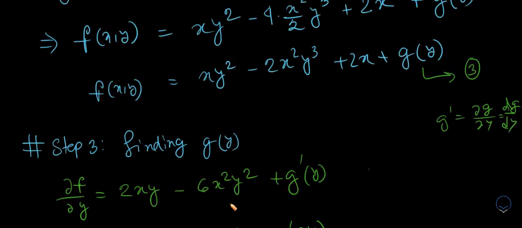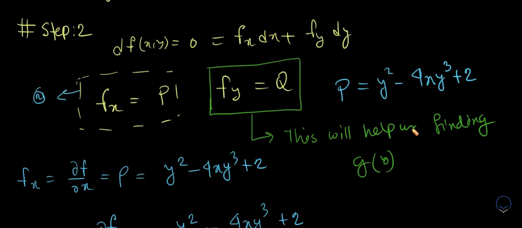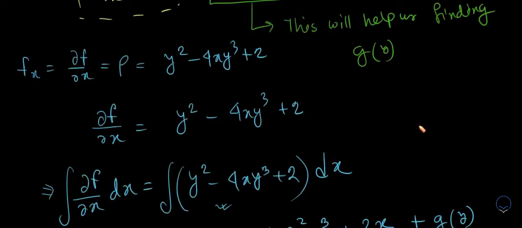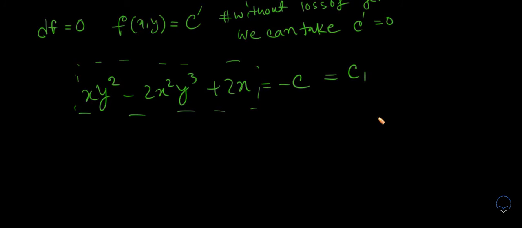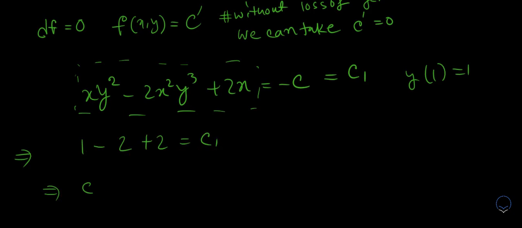So let's now use our initial condition, that is y of 1 equals 1, that is given over here. So when y of 1 equals 1, this means x equals 1 and y equals 1, right? Both of them are 1. So this is just 1 minus 2 plus 2 equals c1, and this will be just c1 equals 1.